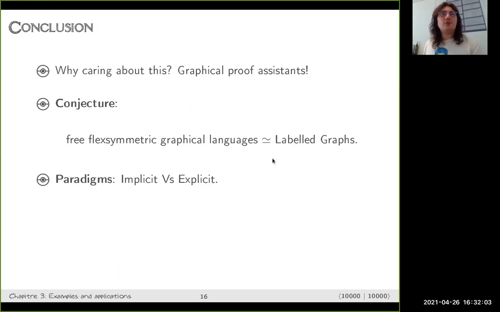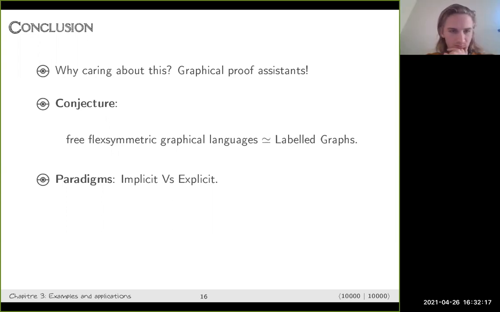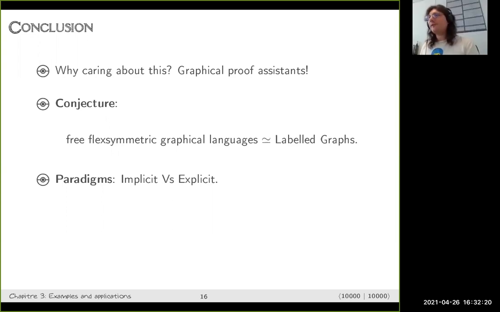And then the conjecture is to say, okay, but what is a free flexsymmetric graphical language? And I think this corresponds to a category of labeled graphs I designed. The problem with this kind of proof is that it's very hard for me to tell where it is rigorous enough. You say, okay, this is clearly the same, but how clear is it?